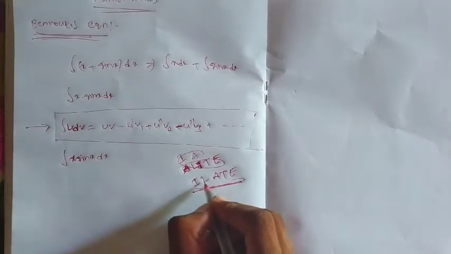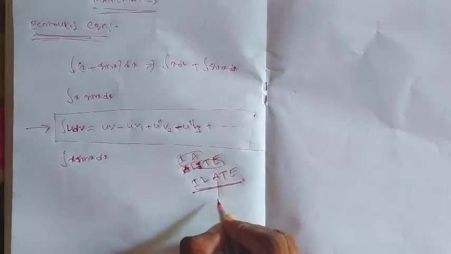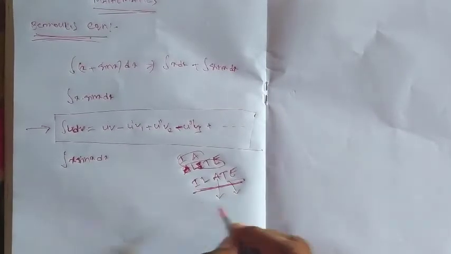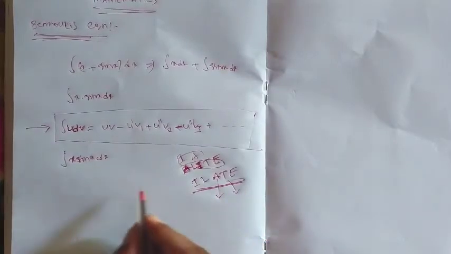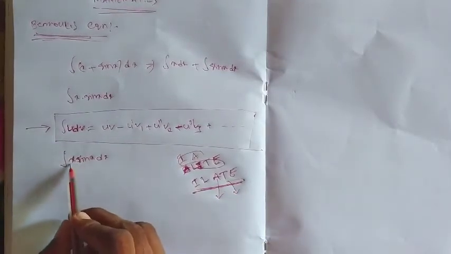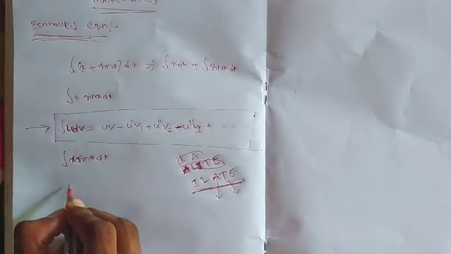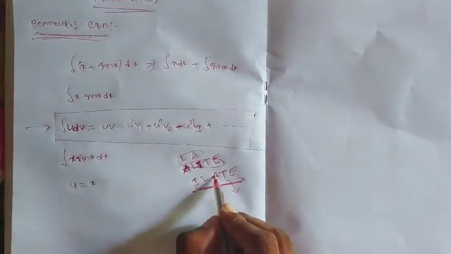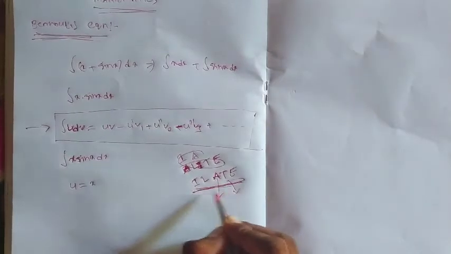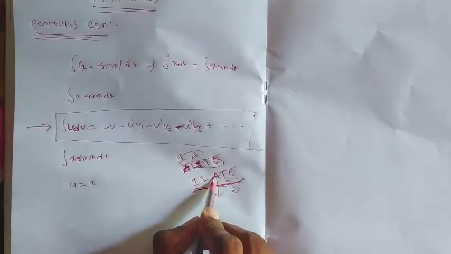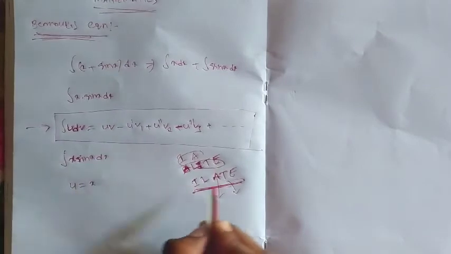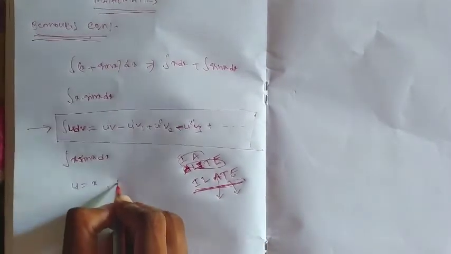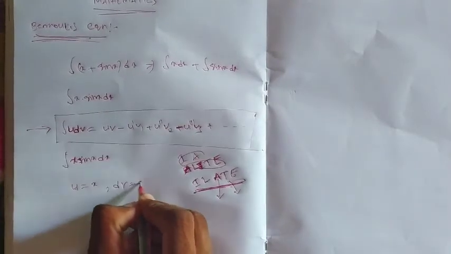In ILATE the algebraic function comes first and the trigonometric function comes after. So x comes first, that's why I'm taking u is equal to x, because the algebraic function comes first in this term. So the first term you take as u and the next term is dv, so dv is equal to sin x.